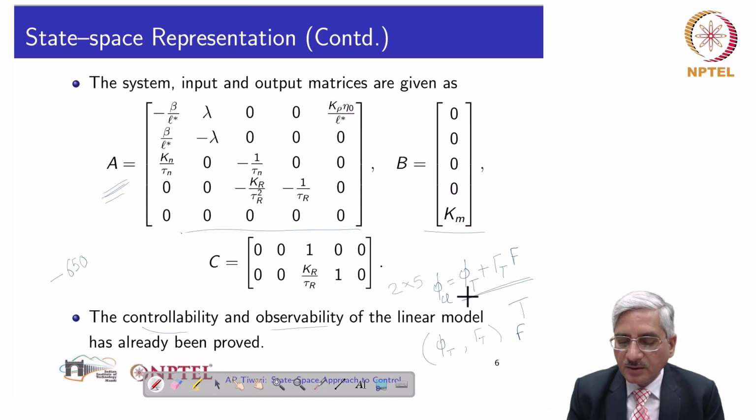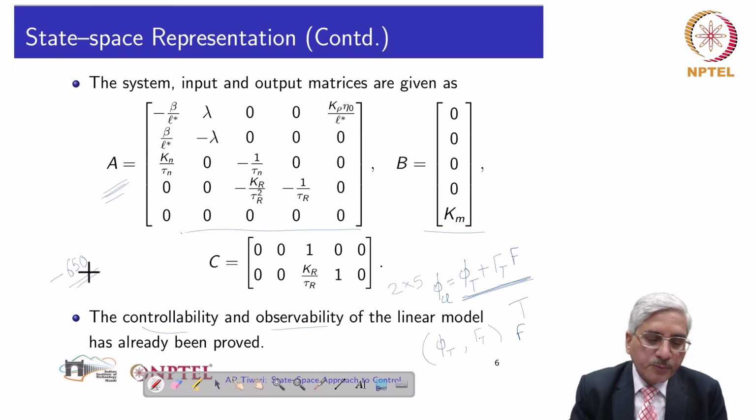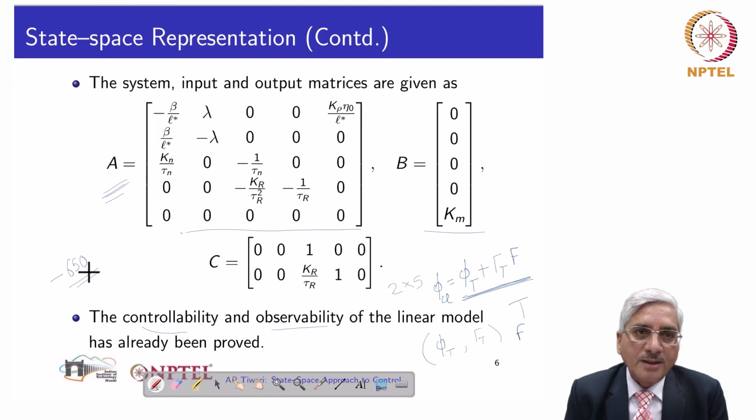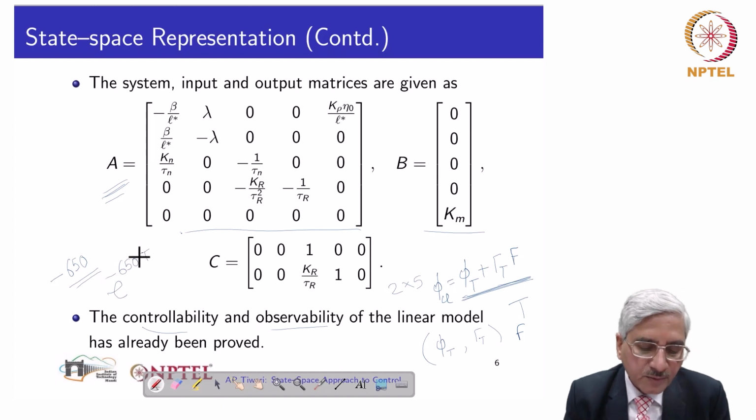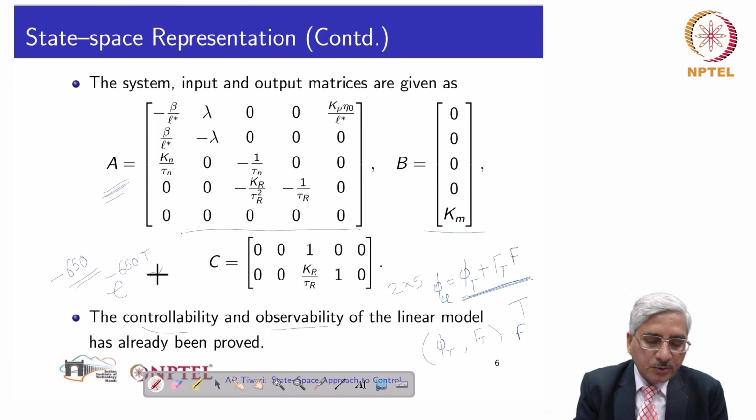We require the inverse of this matrix. You can recall, or we will see subsequently. And if it has any eigenvalue at the origin, then of course it will not be invertible. Now coming back to this, the open loop system has eigenvalue at minus 650. And so you can see e power minus 650 into t for any meaningful t will be very close to 0.